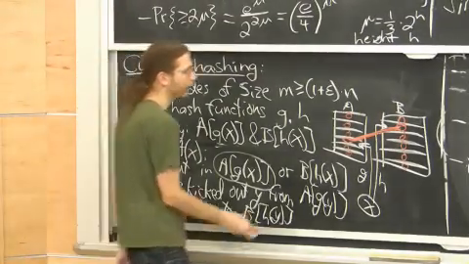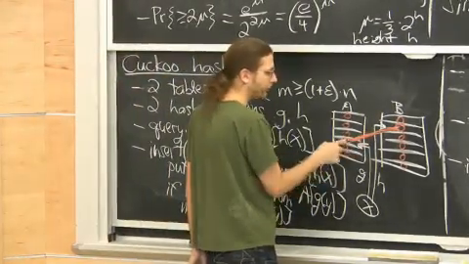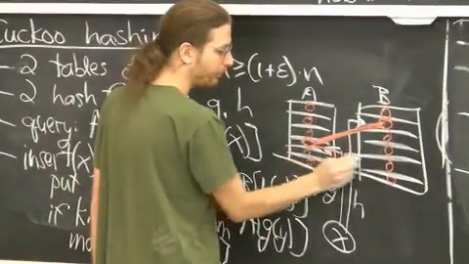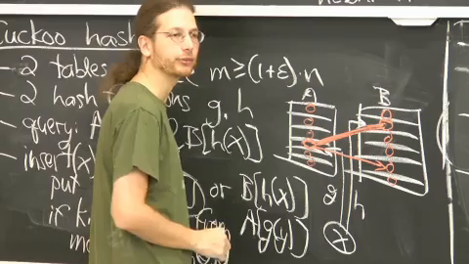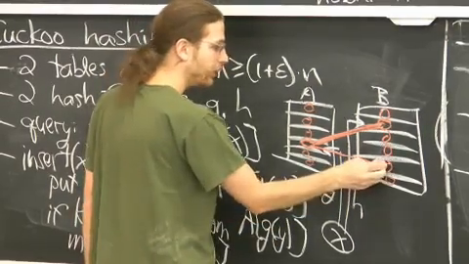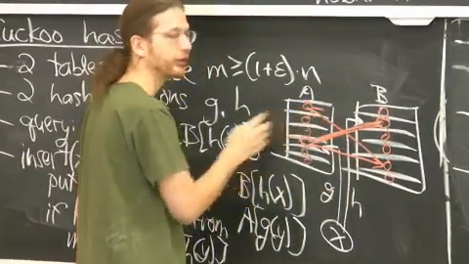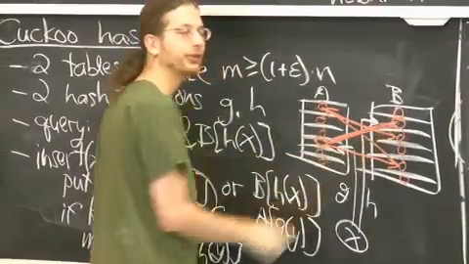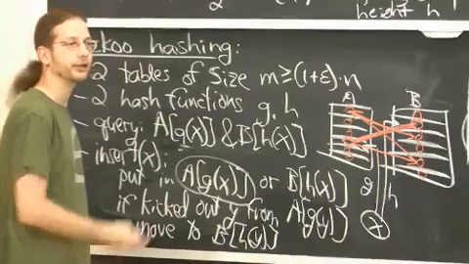So if both of these are full, you take whoever is currently here and put them over in their corresponding slot over in B. Now that one might be full, which means you've got to kick that guy to wherever he belongs in A, and so on. If eventually you find an empty slot, great, you're done.